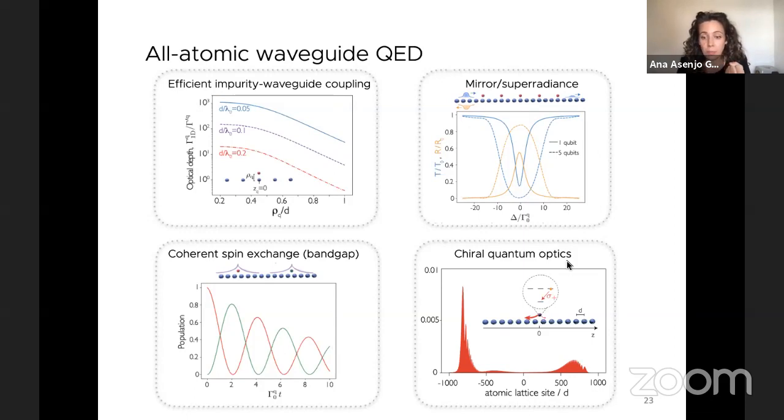So if we place an atom or impurity qubit that has the right polarization close to the atomic array, it will only, or mostly, emit in one direction. This is what we're seeing here. When this QED decays and it has sigma plus polarization, the only side that is mostly populated in our chain is the left side, not so much the right side. So basically this enables all paradigms that I know of in waveguide QED.